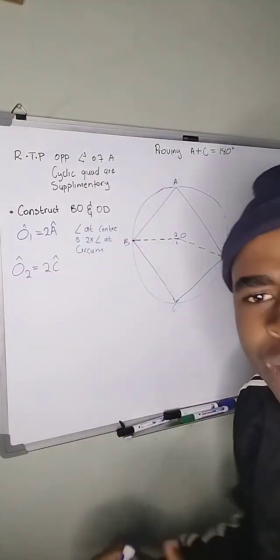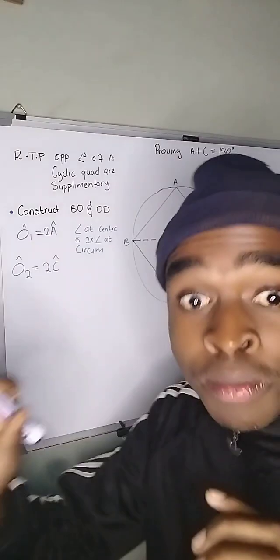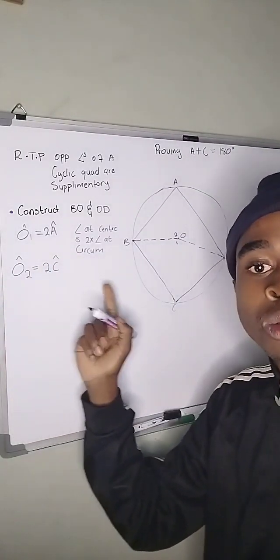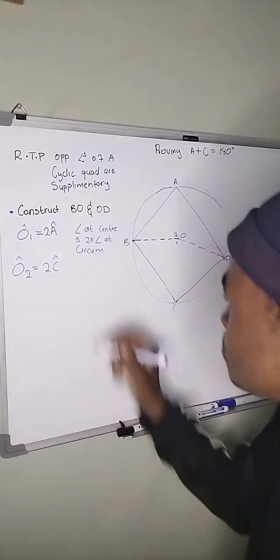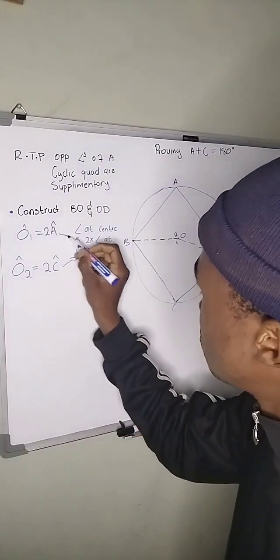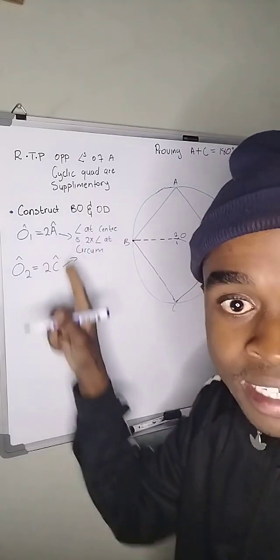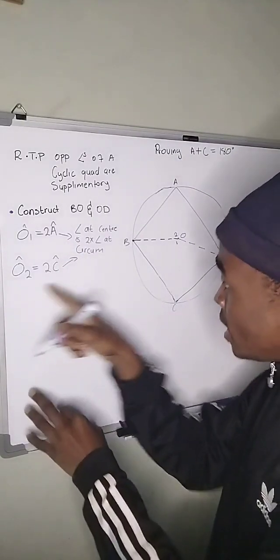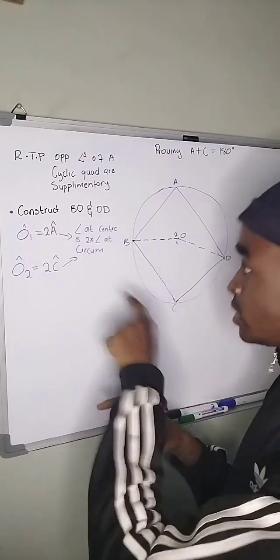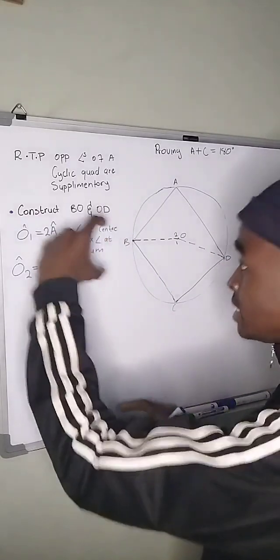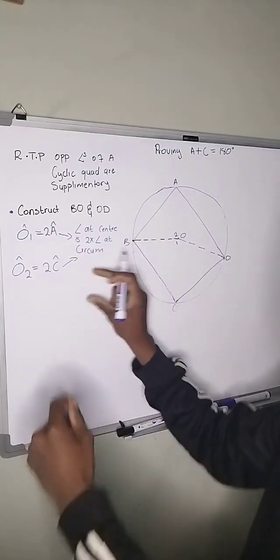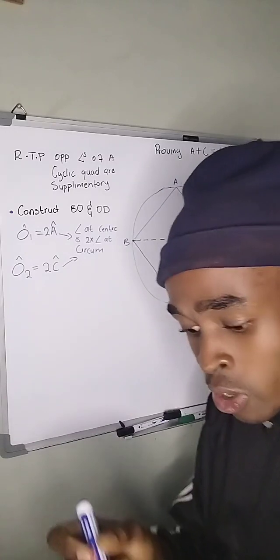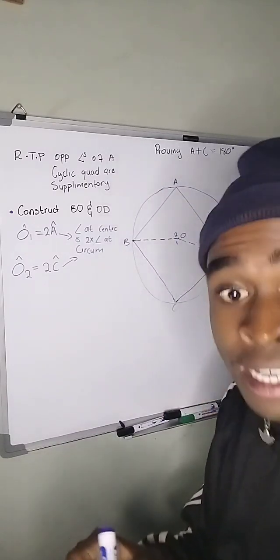Don't forget, because sometimes we get people who say O1 is going to be equal to A, O2 is going to be equal to C. Reason, same reason, but don't do it like this in the exam. You are required to write this. Why? Angle at the center is twice the angle at the circum. You repeat the very same reason on another line. You don't draw these arrows like this whenever you are writing this on your exam, right?